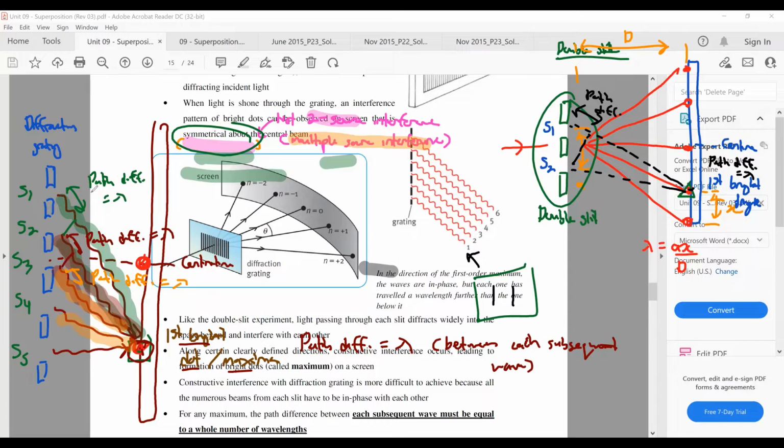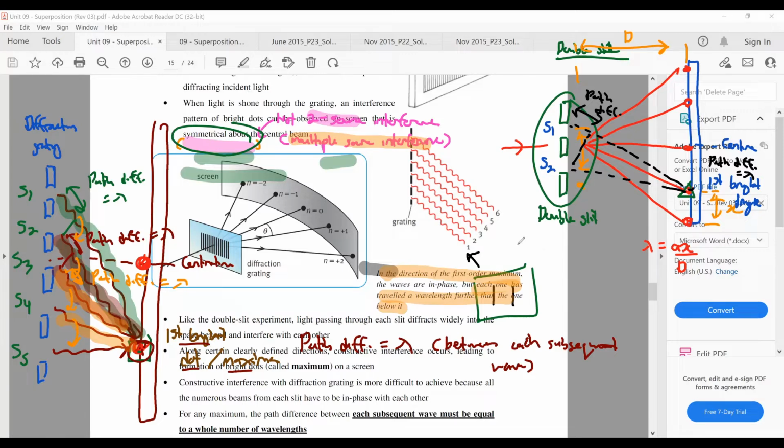You see, from one pair to another, the path difference is always just lambda. That's why the diagram mentioned here, in the direction of the first order maximum, the waves are in phase, but each one has traveled a wavelength further than the one below it.